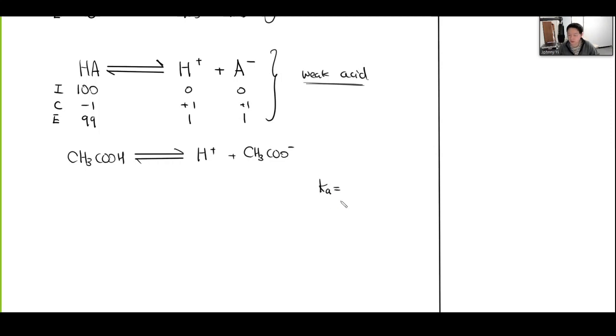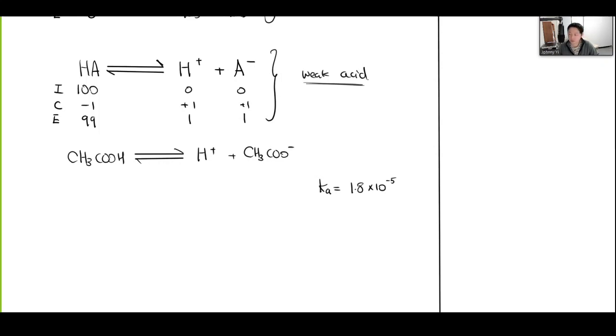That's the acid constant. Let me Google that. Acid constant of ethanoic acid. It's 1.8 times 10 to the power of negative 5. Okay.